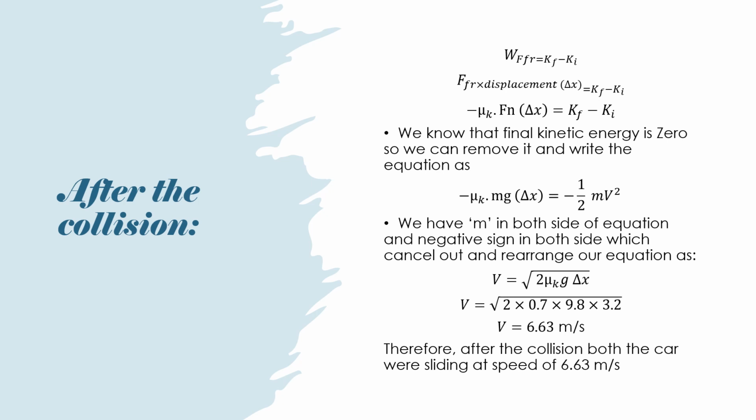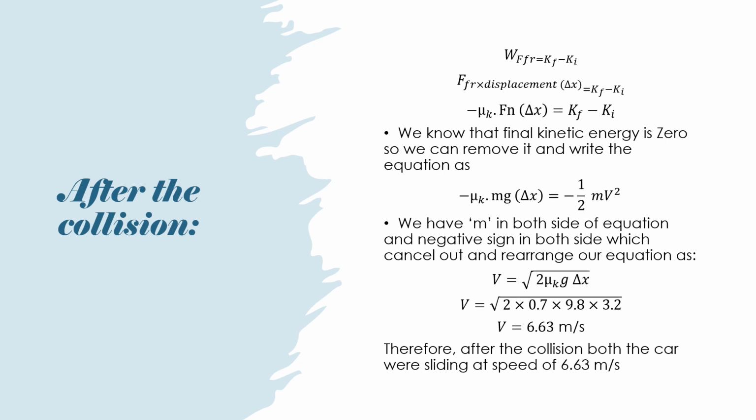So we can write it as an equation: work done by friction is kinetic energy final minus kinetic energy initial. We can break down this equation: work done by friction is friction times displacement, equal to kinetic energy final minus kinetic energy initial.